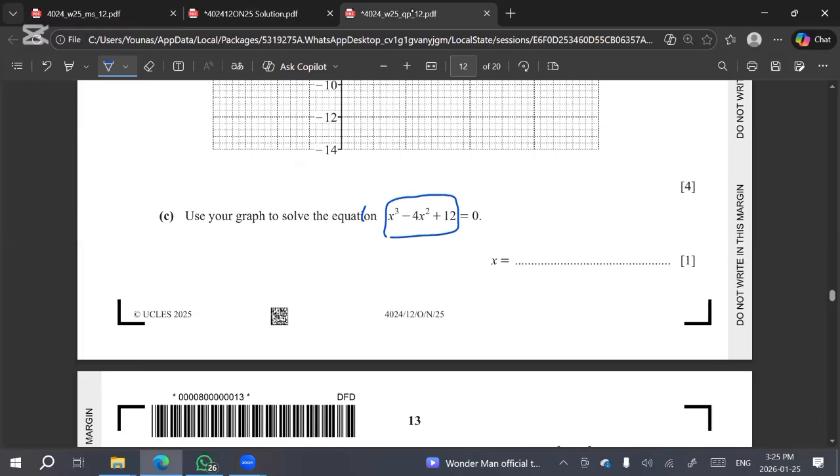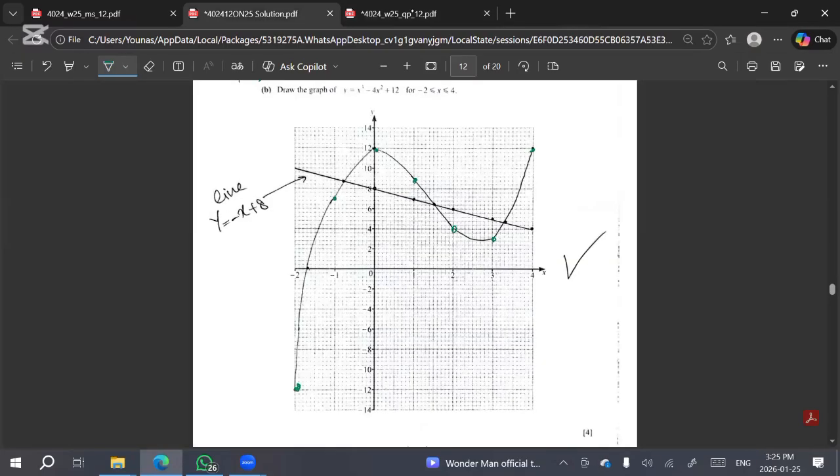What I will do is draw a line y equals 0. y equals 0 is basically the x-axis. What we are interested in is where your graph cuts the x-axis. The x-axis has been cut only once, and that is at minus 1 point, I think it's 7 or something. Let me check.